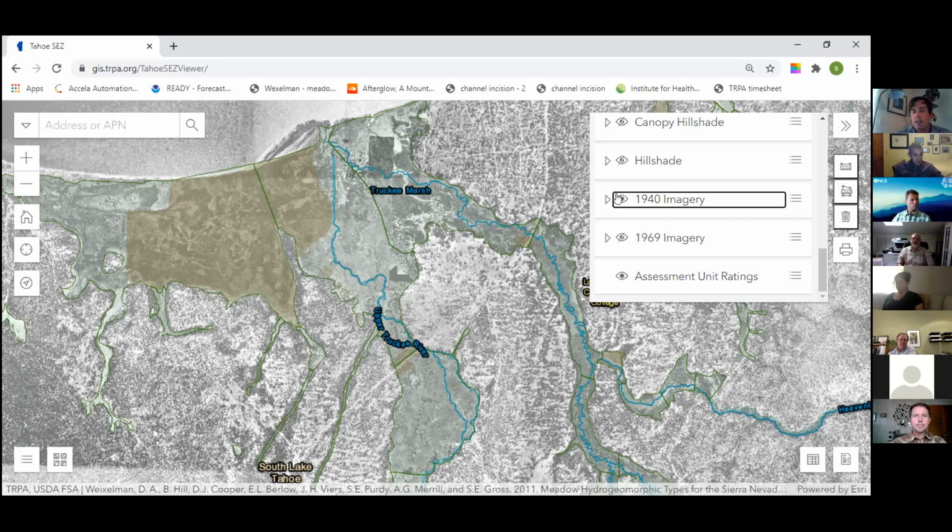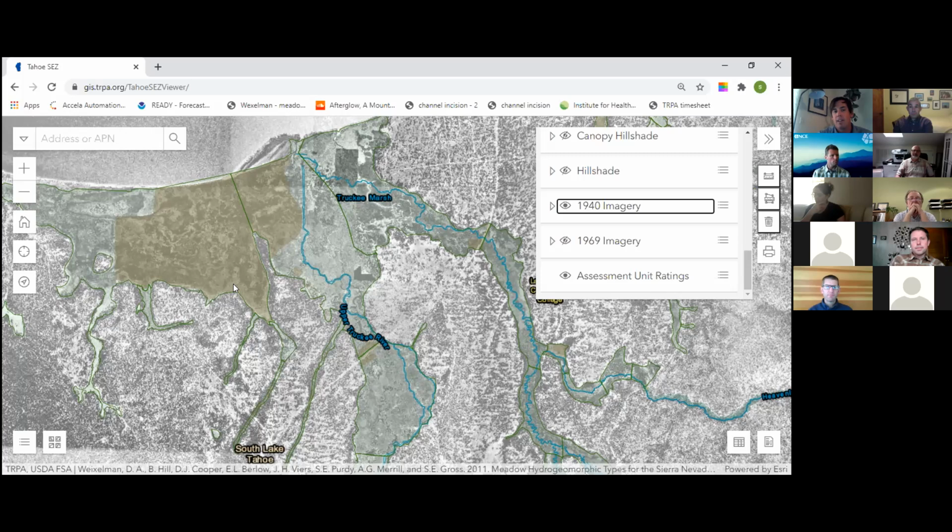I also think, and this is just me throwing this out there, so Dan, you can stop me if you want, that tracking development and removing development within SEZs is almost like its own category. The way we have it set up now, you could remove a large portion of the development, let's say the Tahoe Keys, that's probably never going to happen, but you could still remove a pretty good size acreage and it's not going to show up in the score that much. But if we tracked it separately, then the 10, 20 acres that you restored would show up as a very strong project. But I understand what you're saying.